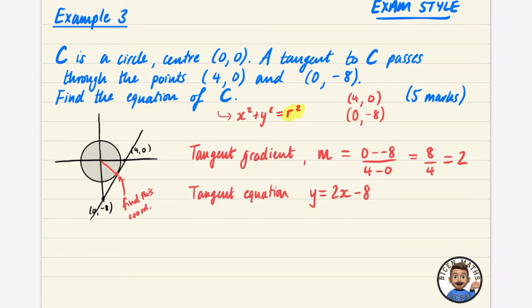We're going to imagine that this line is a lot longer, and we know the equation of the black line. The equation of the black line we've just worked out is y equals 2x minus 8. So we just need to work out the equation of this line, and then if we solve them simultaneously, we'll find this coordinate, and we can substitute it in here to find out what r squared is.